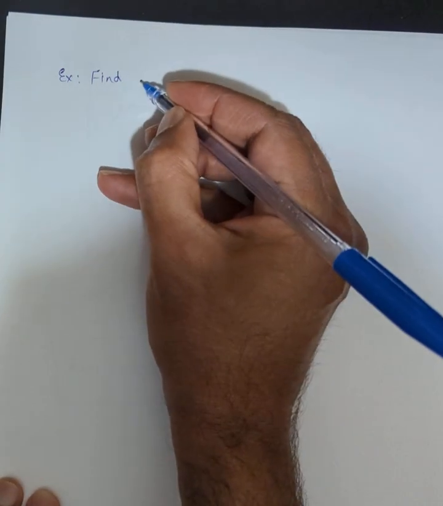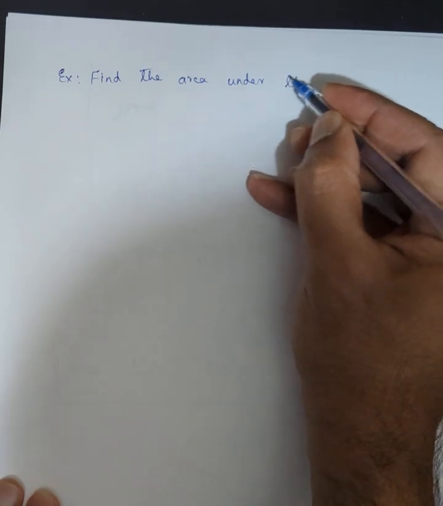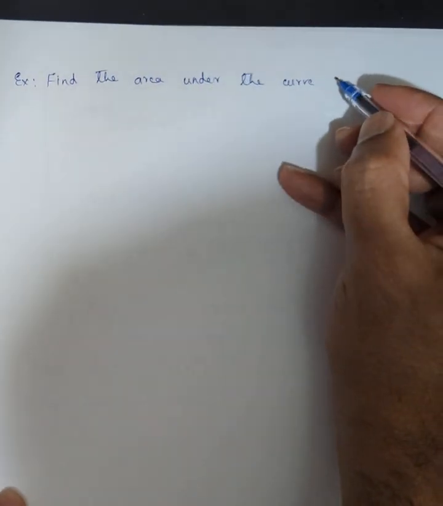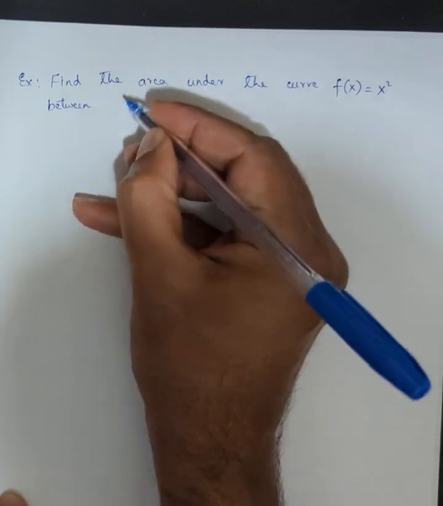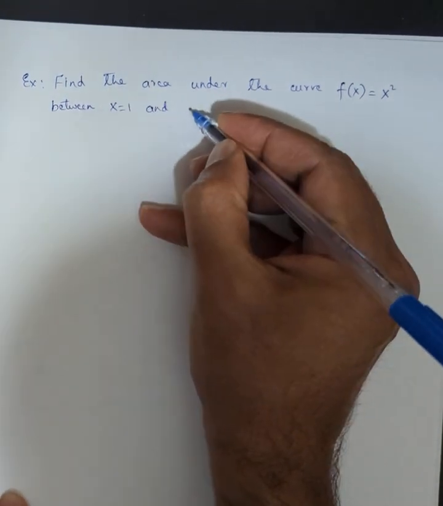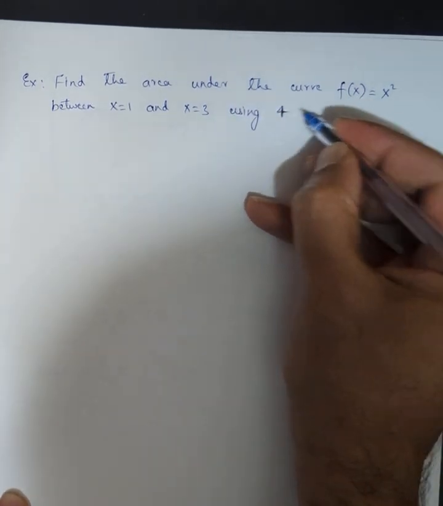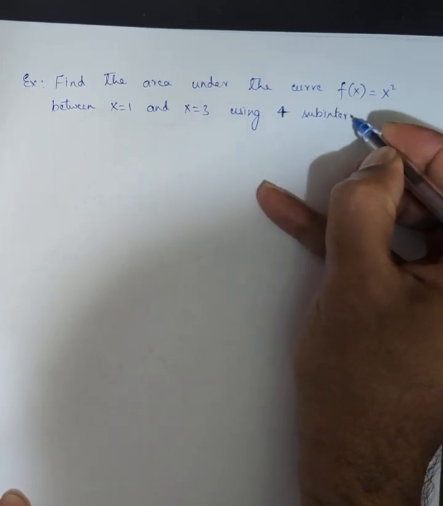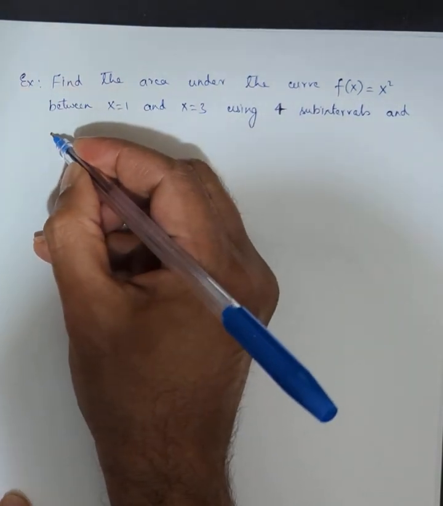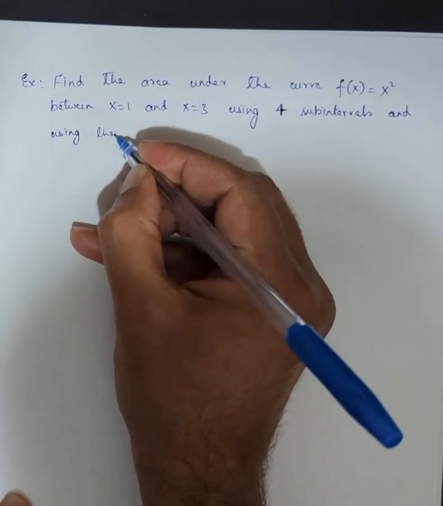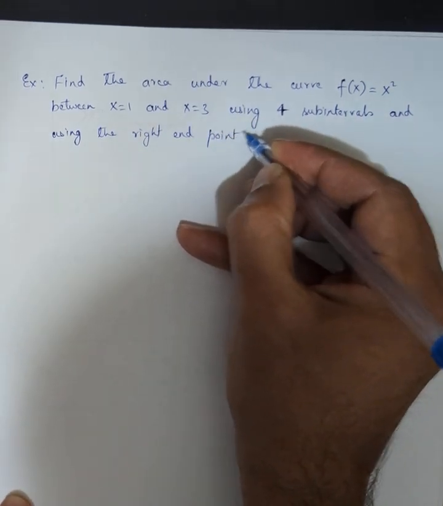Find the area under the curve f of x equals x squared between x equals 1 and x equals 3 using 4 subintervals and using the right endpoint in each subinterval.